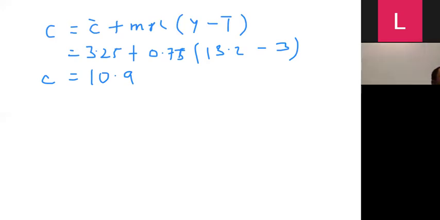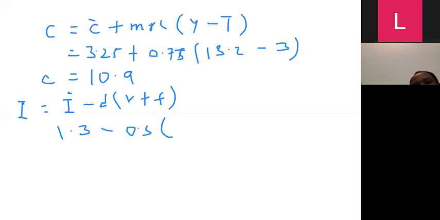It's the autonomous part of the investment minus D into brackets R plus F. Our autonomous part still remains the same. Nothing has changed. So it's 1.3 minus D, which is 0.3. Now R has changed. R is no more 2. So R is now 3.